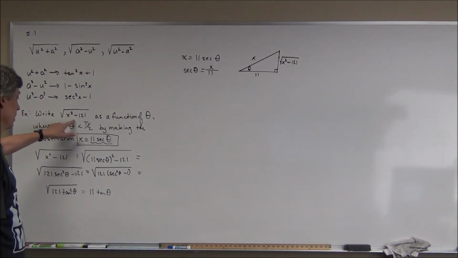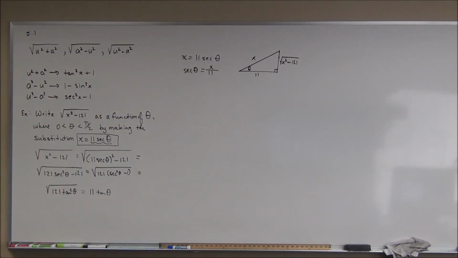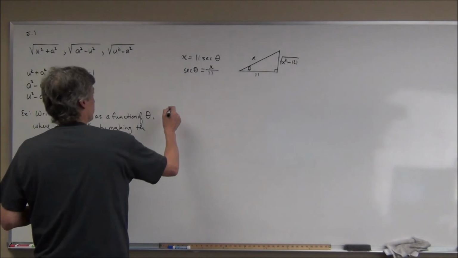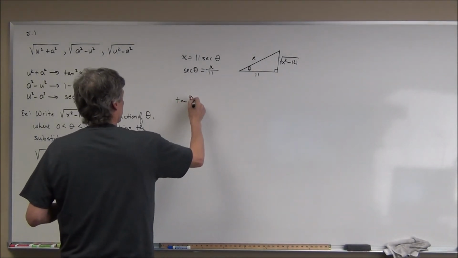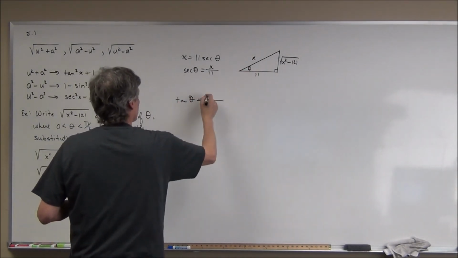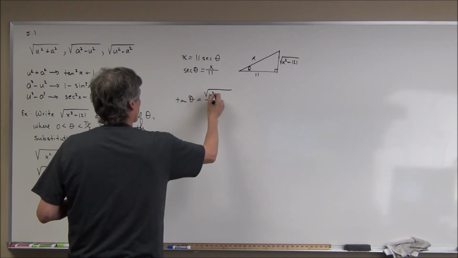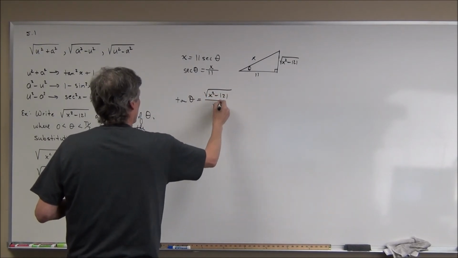That's our guy right there. So what I'm asking you to do is rewrite this so that we get our expression as a function of theta here. I have the tangent of theta is equal to the square root of x squared minus 121 over 11.